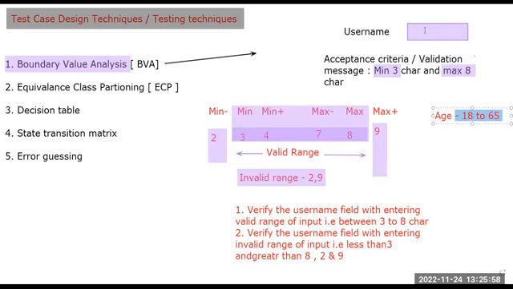Now to test this particular field, we can use boundary value analysis. For the minimum range, we check the touching values, that is 2 and 4. Maximum, that is 7 and 9. And we check whether this input field works with this valid and invalid combination or not. So that is what boundary value analysis is.